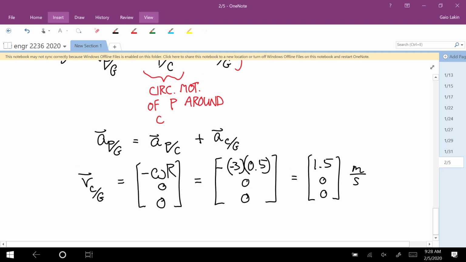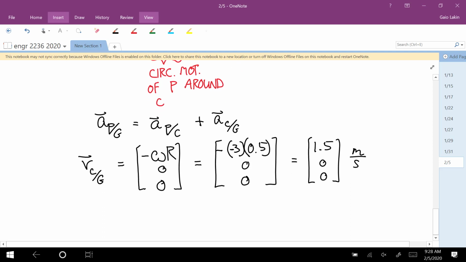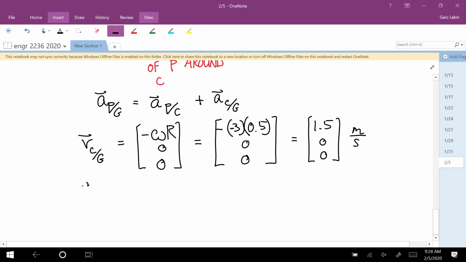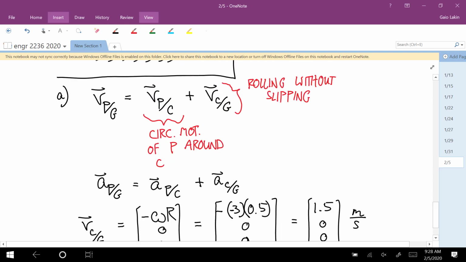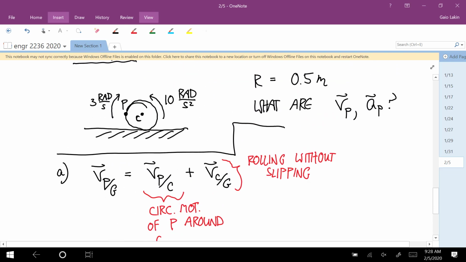Well, one negative is because that's the formula. And then the second one is the component. And then let's do the acceleration of the center relative to the ground too. So that formula is negative alpha r, 0, 0. What's alpha?